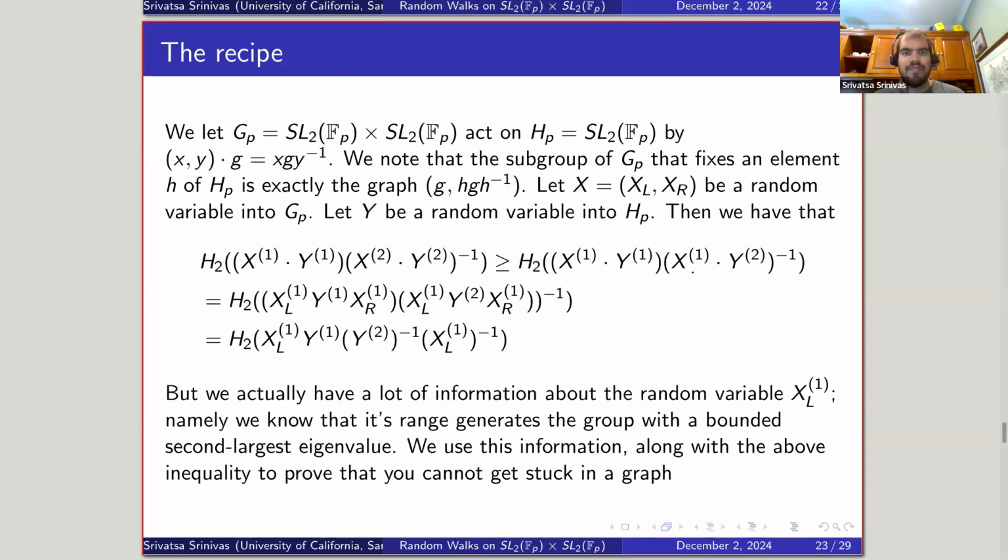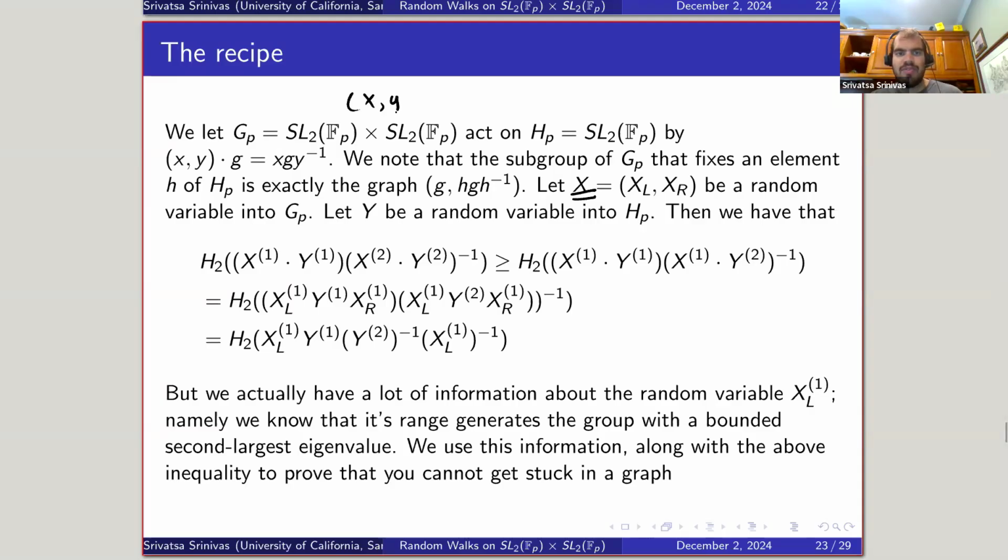So, all right, why does this matter? Well, let's see. We note that every random variable into a product is basically a pair of random variables, that is the pair xl, xr. So let's write this inequality in the case where G is the group SL2(Fp) cross SL2(Fp), which acts on HP by left and right multiplication.